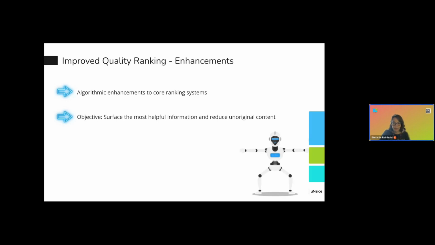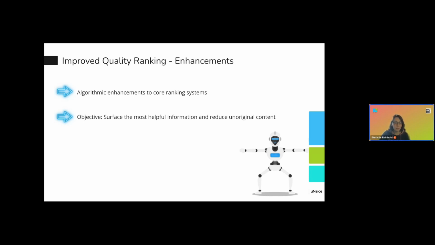Now, what do the enhancements actually do? So with the March 2024 core update, Google has implemented algorithmic improvements to its core ranking system. And these enhancements are specifically designed to prioritize the most helpful and original content, while at the same time minimizing the presence of unoriginal, or how they called it, low quality content in their search results.